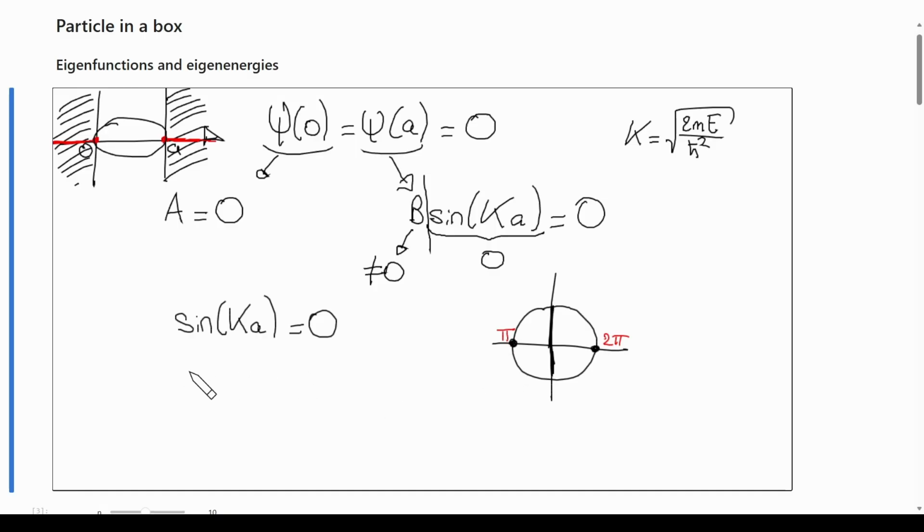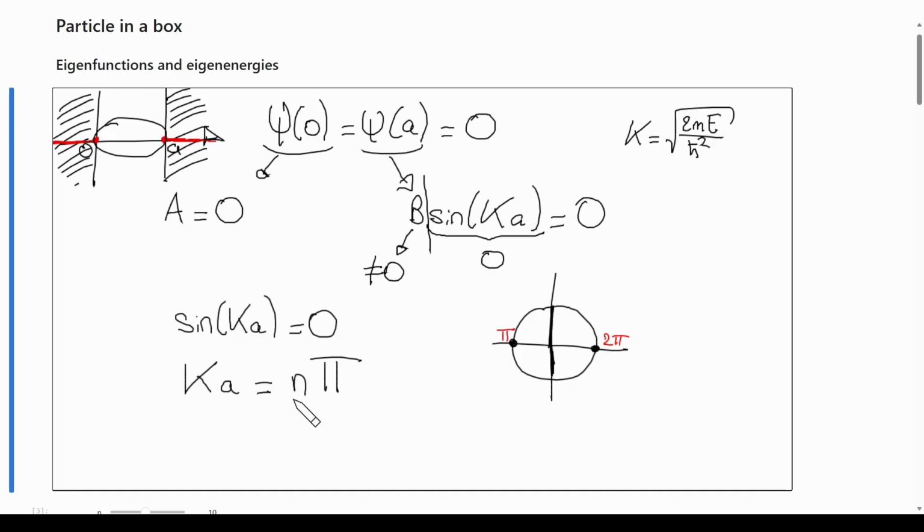So therefore, kappa a must be equal to n times pi in order for sine kappa a to be either here and be 0, or here and be 0.